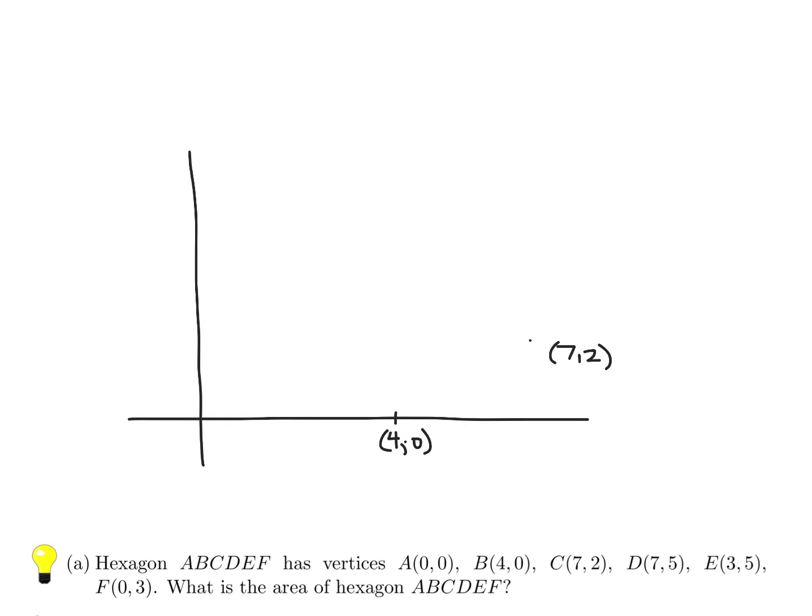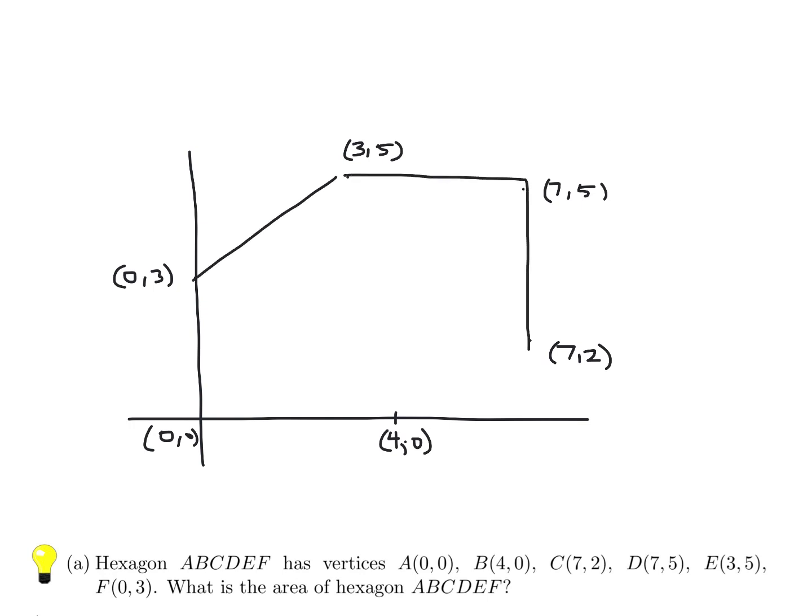And then 7, 5, and then 3, 5, and then 0, 3, so that's over here somewhere. And I think we had the origin as well, 0, 0. Yeah, we did. Okay, so let's connect the dots here. And here we go. So this is the shape we have to figure out the area of.